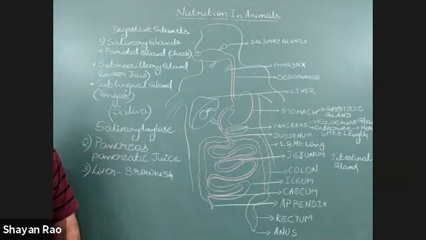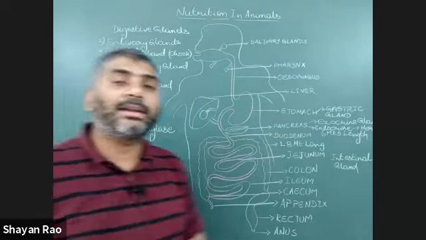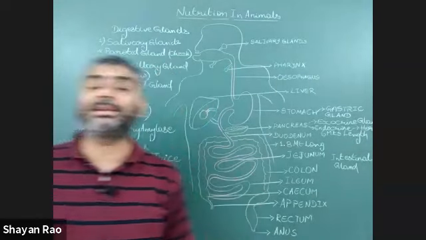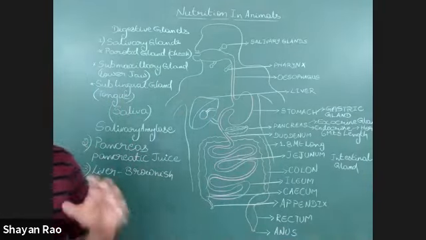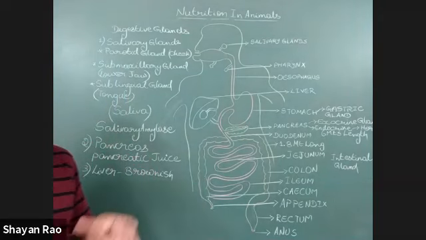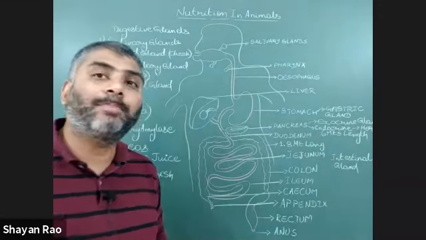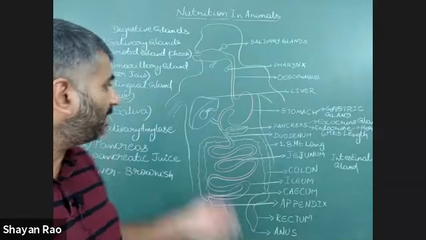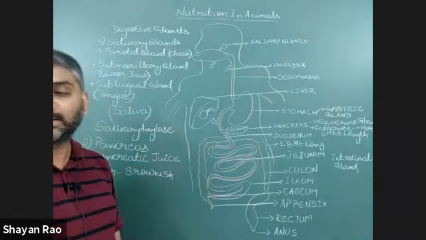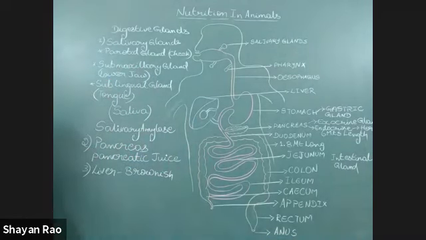So the gallbladder is present, and it stores and releases the important secretion called bile juice. This bile juice mainly has bile salts and also bile pigments in it. Is that clear to everybody? That is the importance of the liver in the human body.